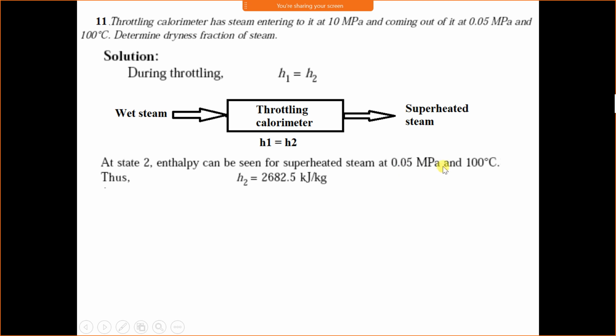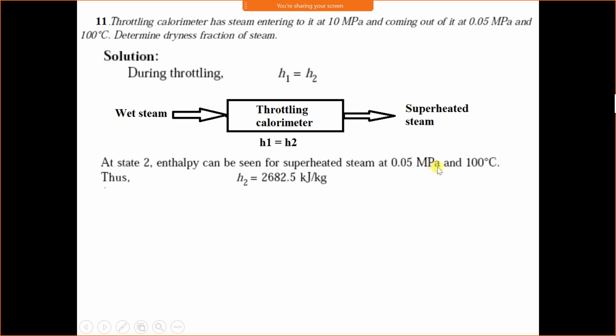The steam table is given in bar, and 0.05 megapascal means 0.5 bar. At 0.5 bar and 100 degrees Celsius, steam is superheated, because we know that water boils at 100 degrees Celsius when the pressure is 1.01325 bar, but here the pressure is less than 1.01325 bar.